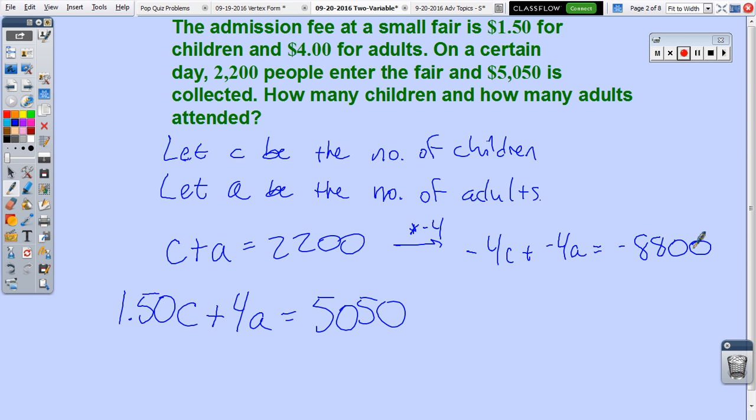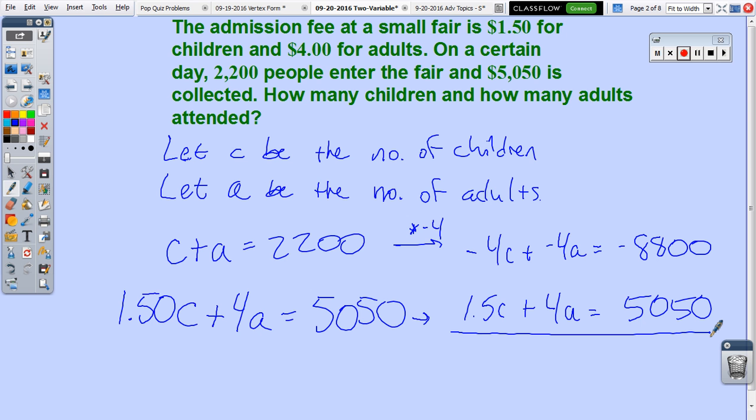And if I bring this one over, I have 1.5C plus 4A is equal to 5,050. The reason I'm multiplying by -4 is that it makes the exact opposite coefficient of this A. I have -4A and this one's 4A, so they're going to go away nicely when I add. For those of you comfortable doing subtraction, that's okay. I'm going to stick to addition to avoid silly mistakes.